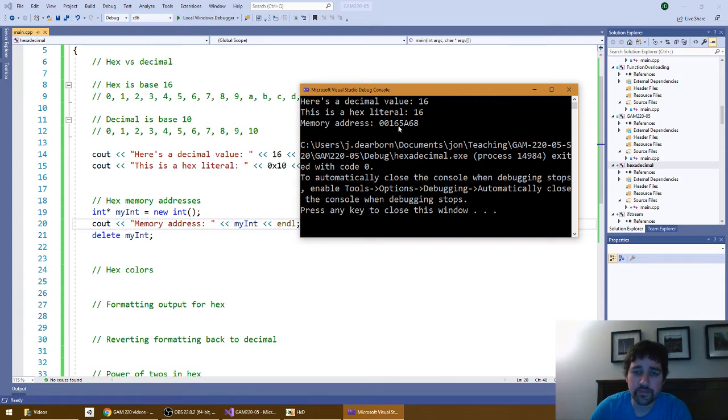So understanding hexadecimal helps us to understand what these numbers actually are.